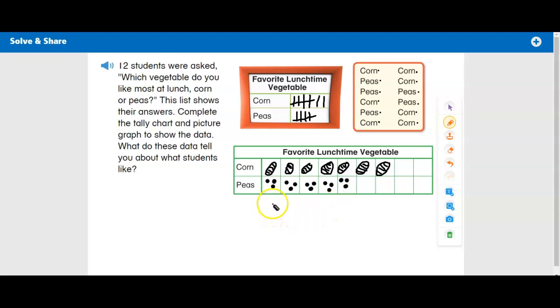So I just drew 1, 2, 3, 4, 5 peas in the different boxes. And that is how we would complete our tally chart and our picture graph for our Solve and Share.